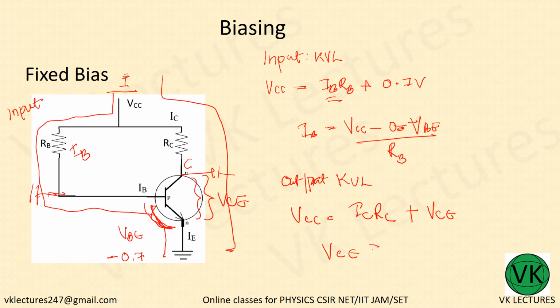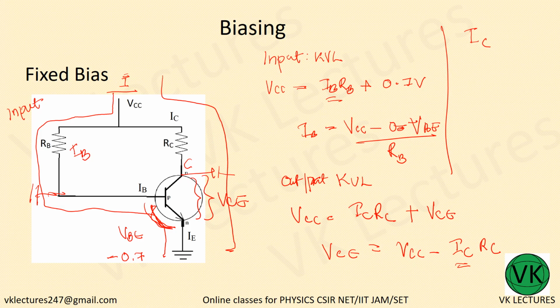Now VCE is equal to VCC minus ICRC. Now how will you find out IC? See, this is a common emitter configuration.